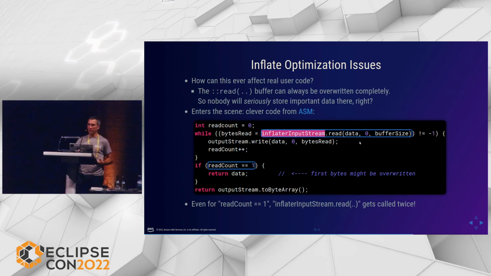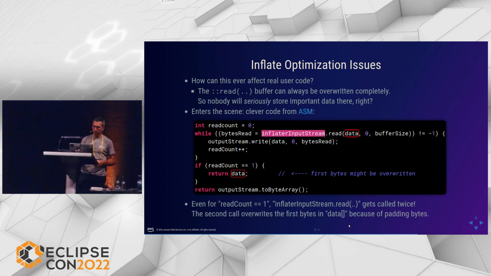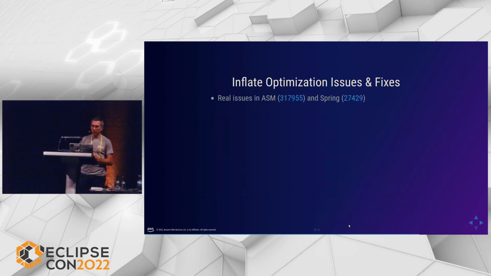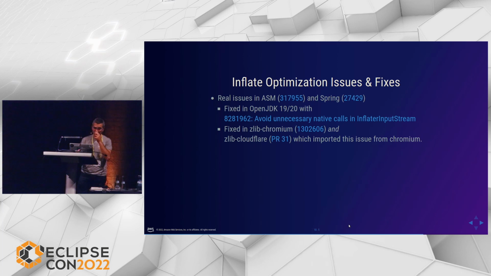And this second call also does a call down to the native zlib implementation, and that will then put these padding bytes at the beginning of the data buffer and overwrite the data you've read before. And that led to crashes. And it was actually not only ASM, also Spring, which under the hood uses ASM, crashed with exceptions if they used zlib Cloudflare.